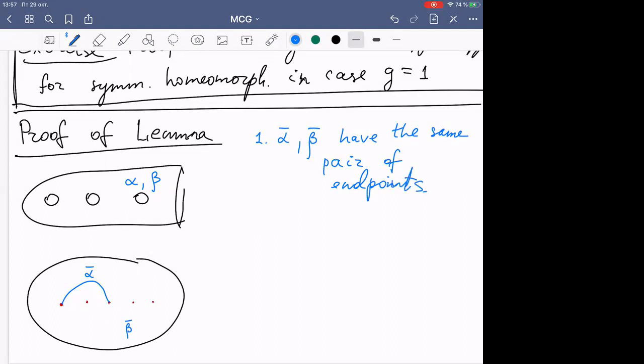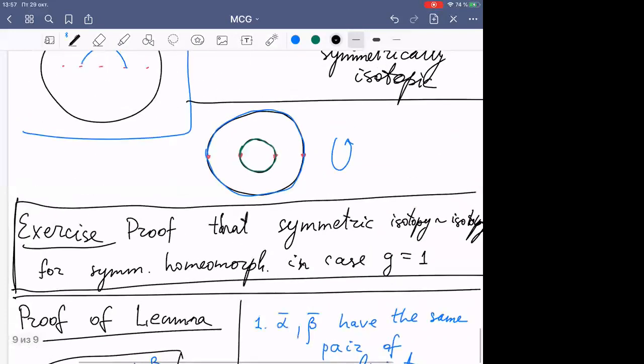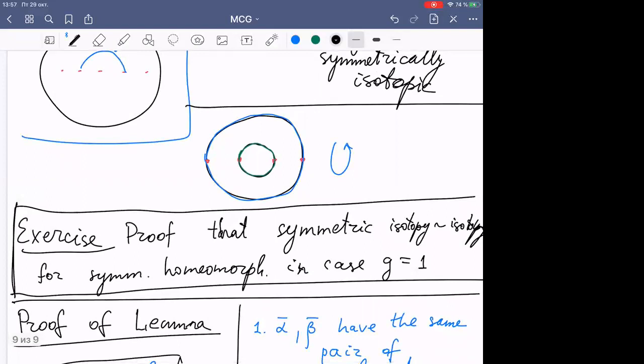And it is interesting that this is exactly the point where we need that genus is at least 2.